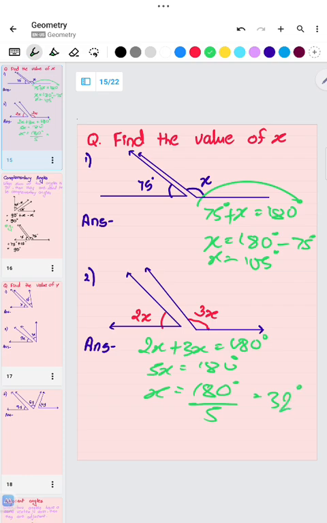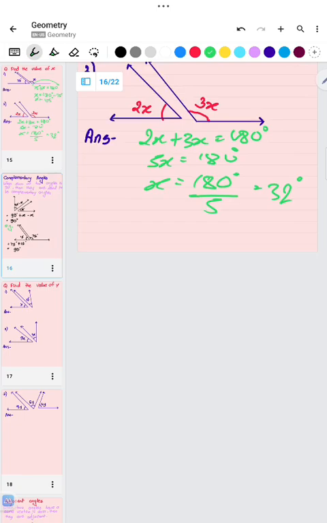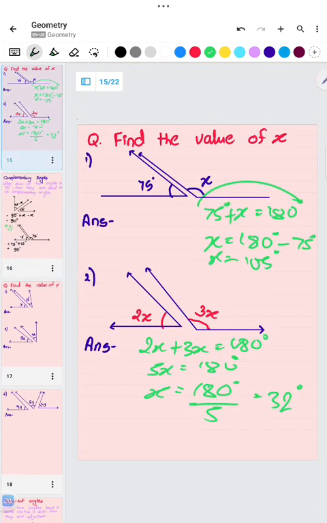Okay, here x is 36 degree. We can put here 36 into 2, okay, 72 degree, and 36 into 3 here. Okay, that is 108 degree. Okay, when we add this, it gives answer 180.